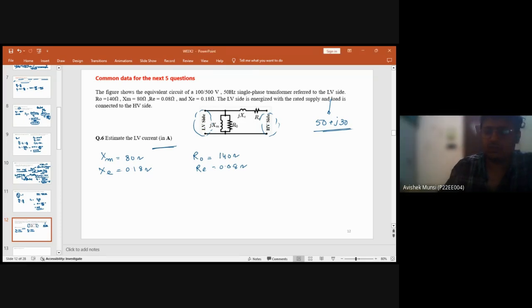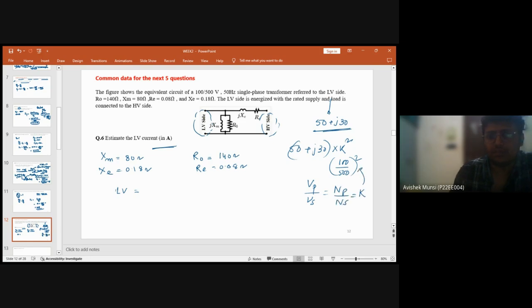The load is given as 50 plus j30, under which you have to solve it. If you refer this load to the other side, then it will be 50 plus j30 times K square. K square in this case is 100 by 500 squared, since Vp by Vs is Np by Ns. So this is K, right?